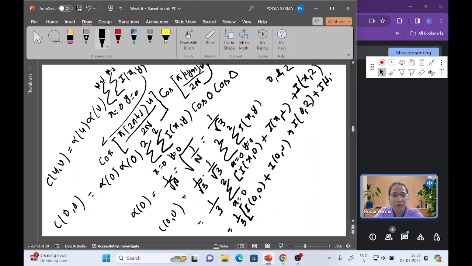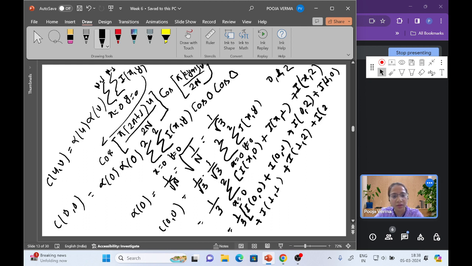I 1 comma 0 plus I 1 comma 1 plus I 1 comma 2. Then this part is over, then we will put x equal to 2 in the whole sequence.